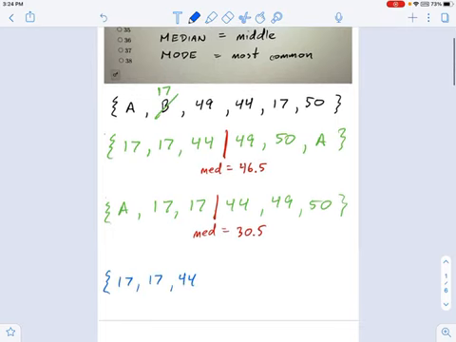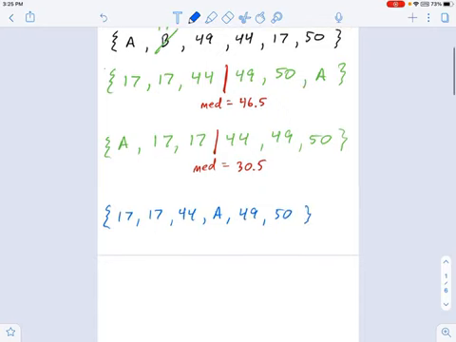Yeah, that's what I thought. 17, 17, 44, A, 49, and 50. That's a possibility. Or this: 17, 17, A, 44, 49, and 50. These are sorted lists. I'm not sure if A is between 44 and 49 or between 17 and 44.